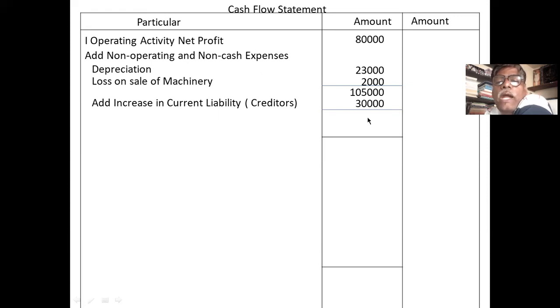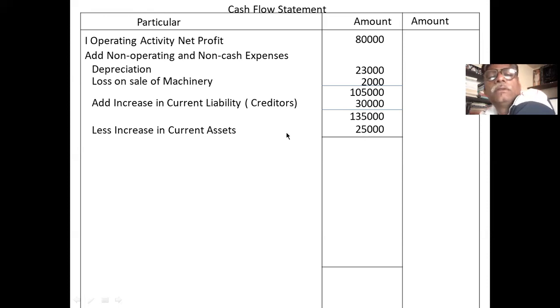So you add this, 1,35,000 total. Then deduct the increase in current asset. Increase in current asset is 25,000. So difference is 1,10,000.